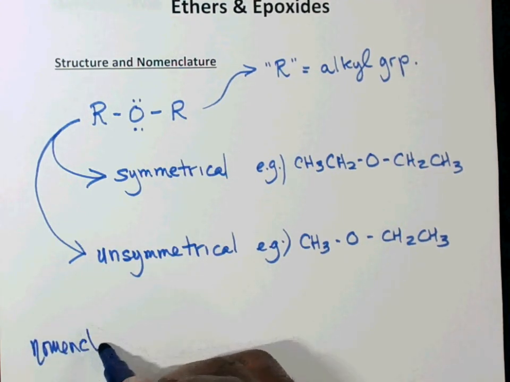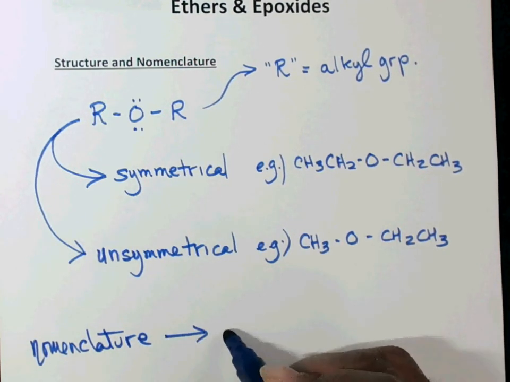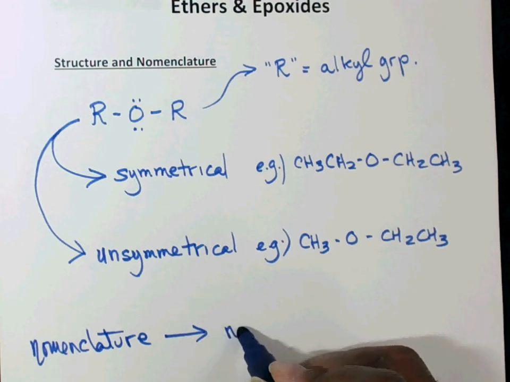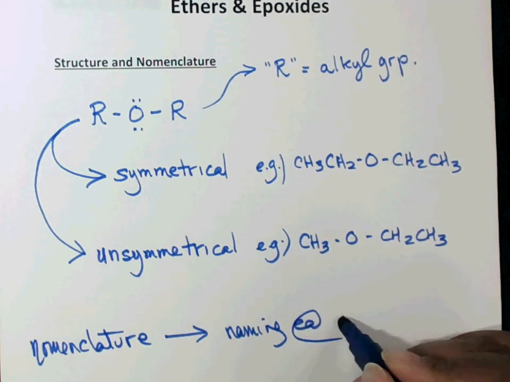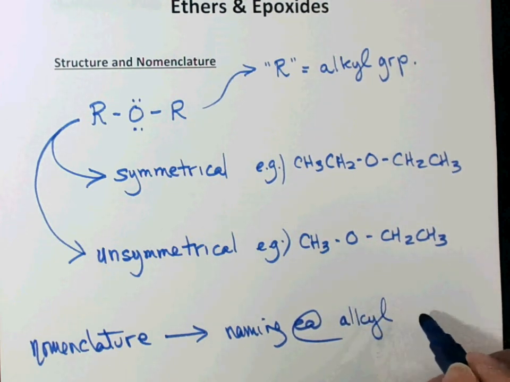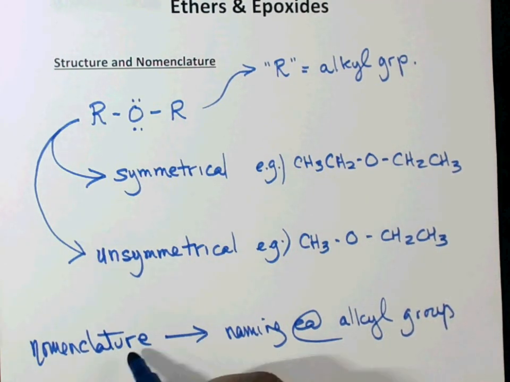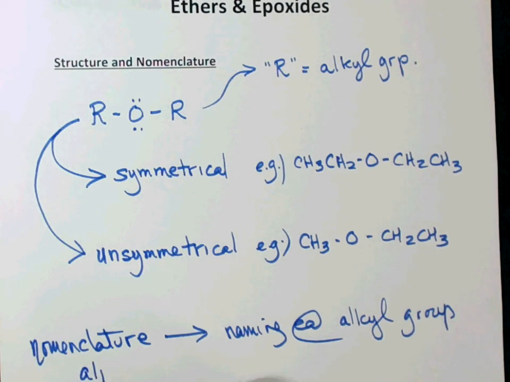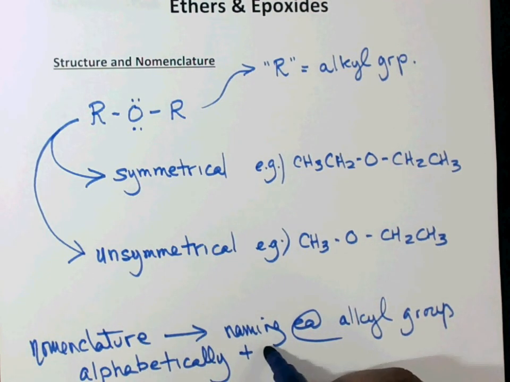So, in terms of nomenclature, it is really about naming each alkyl alphabetically, plus the word ether.